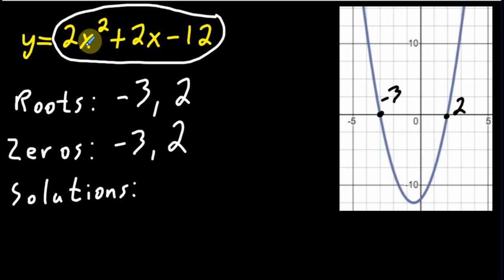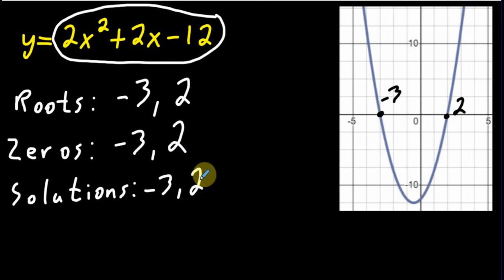If I plugged in 2 here and here and did the math, I would get 0. And solutions, that's when the equation is actually equal to 0. And of course, we just figured out those two numbers make it equal to 0. Your solutions are going to be -3 and 2.